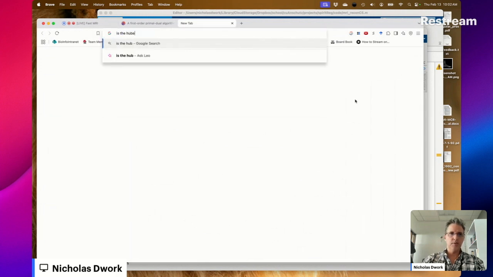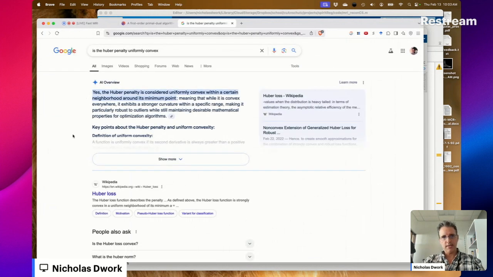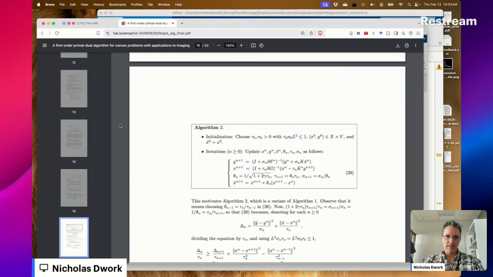Is the Huber penalty uniformly convex? The answer is, of course, no. Yes, within a certain neighborhood, right? But the answer is no. To be uniformly convex means uniform convexity everywhere.